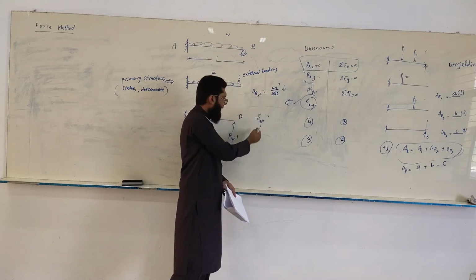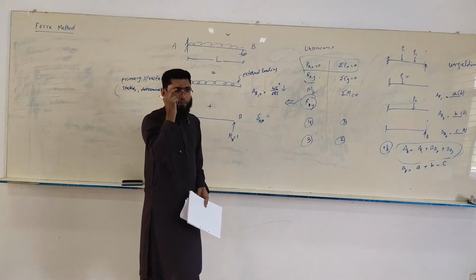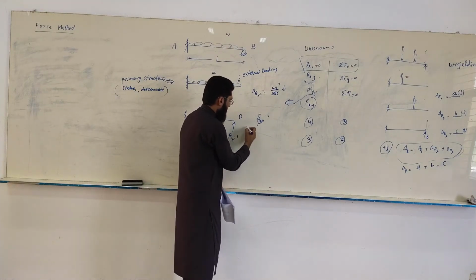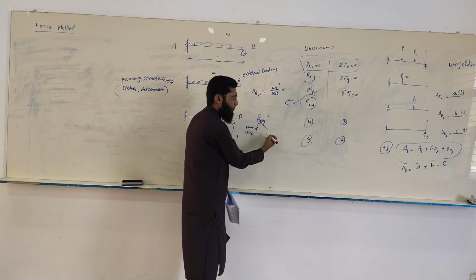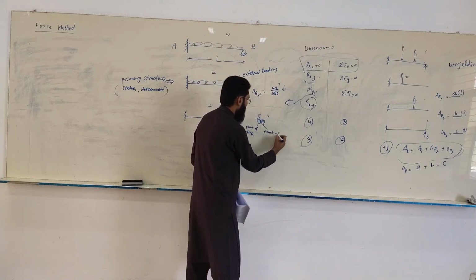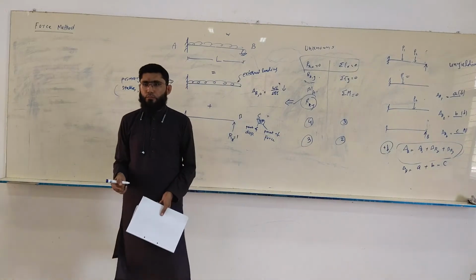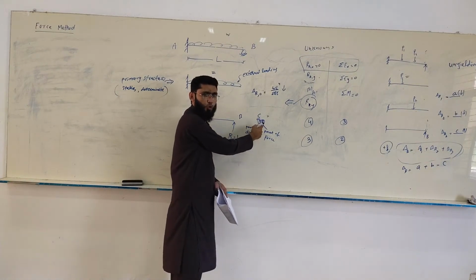And then small delta for displacement due to a unit load, and then these two subscripts are going to tell you the point of displacement, and the second subscript will be for the point of the force, where the force is being applied. So this is basically displacement at B due to unit load at B. Okay.